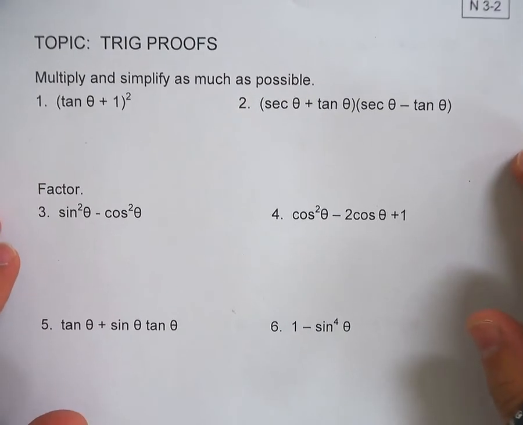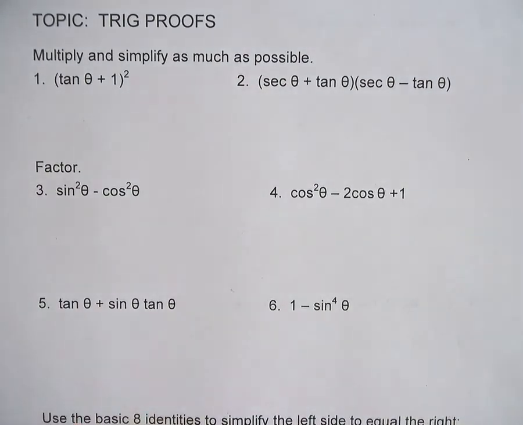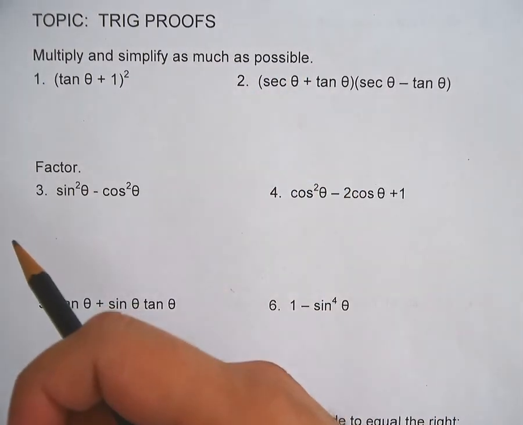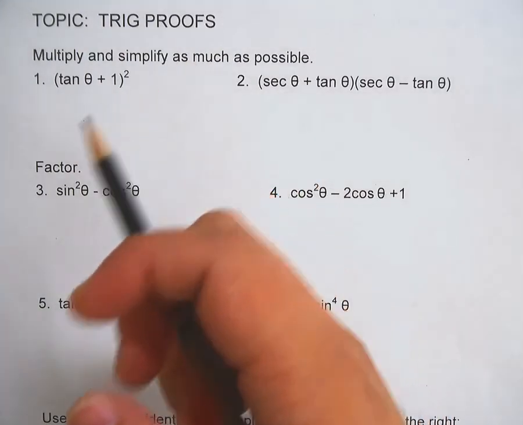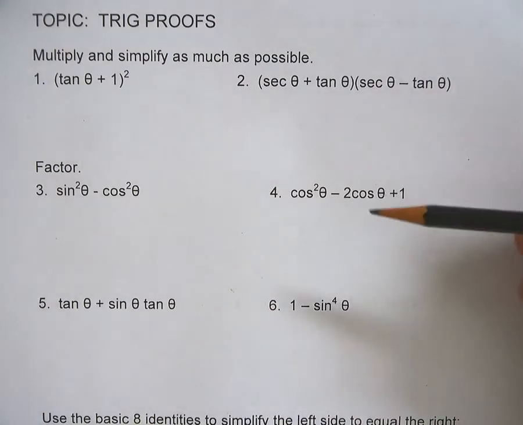1 through 6 on the front page of your notes is just a few tips and tricks on the algebra portion of it. For example, it says multiply and simplify as much as possible. So we've got tangent theta plus 1 squared. Well, you know that tangent theta plus 1 squared is not tangent squared plus 1 squared.